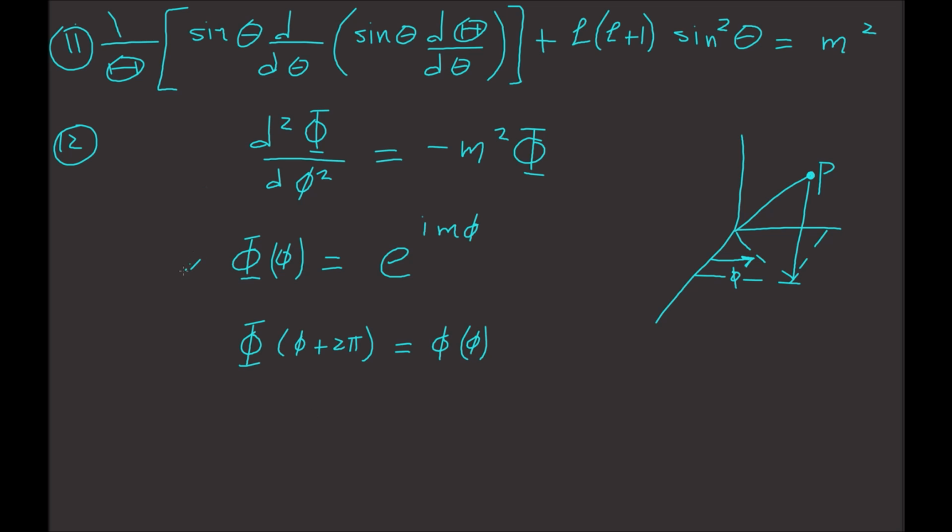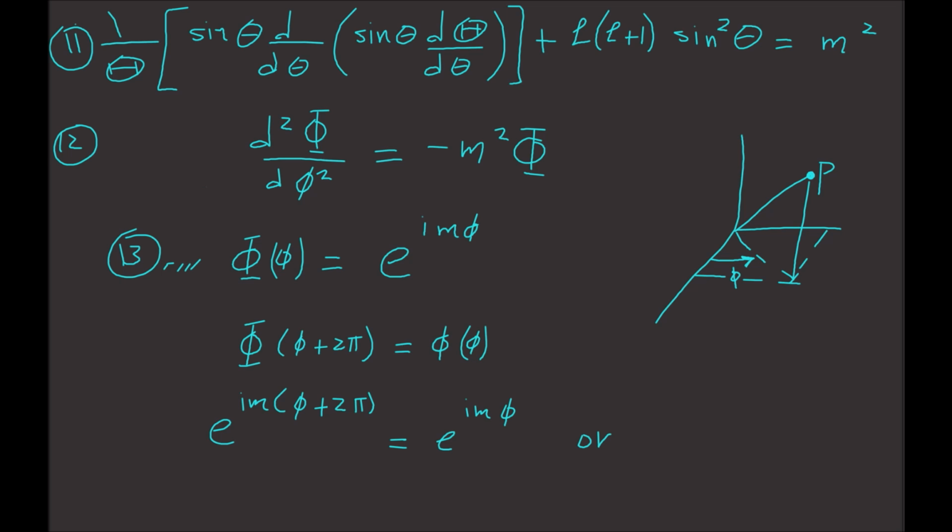Let's call this equation number 13. In other words, mathematically we have e to the i times m times phi plus 2 pi. This should be equal to e to the i m phi, right?